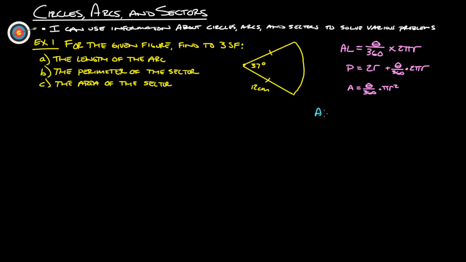Arc length is going to be our angle subtended, so our angle here between the 2 points. So that's our 37 divided by 360. And then it's going to be times the circumference of that whole circle, which would be 2 times pi times our radius, which we know is 12.